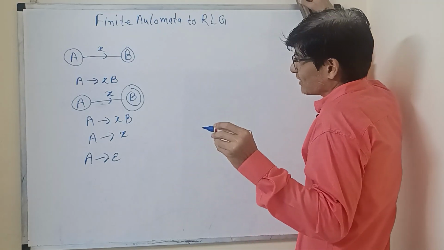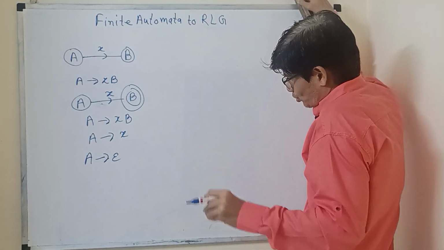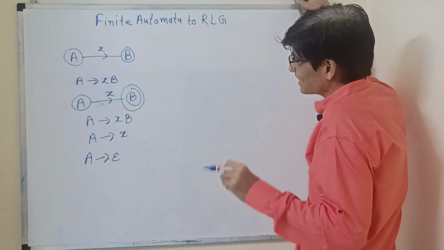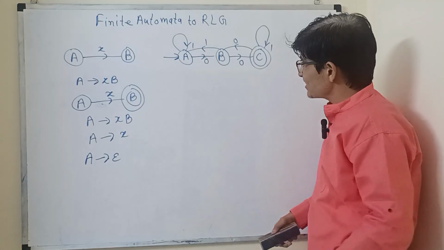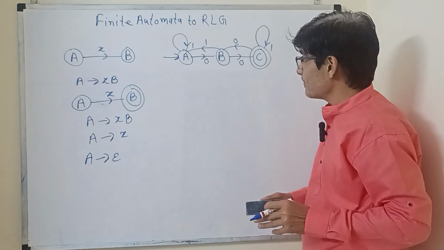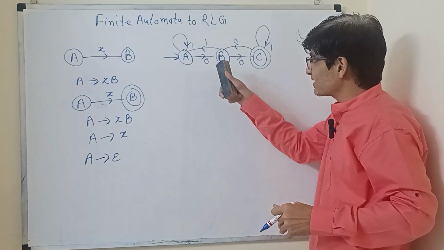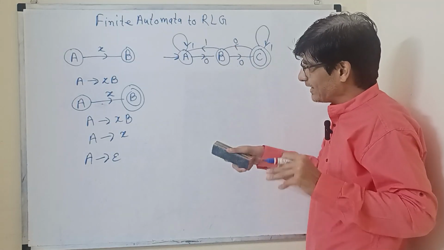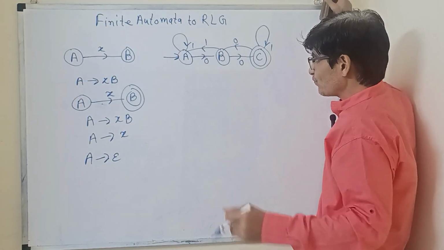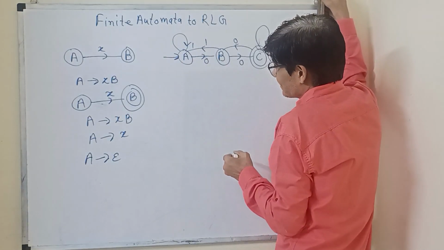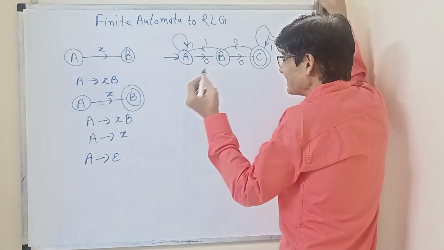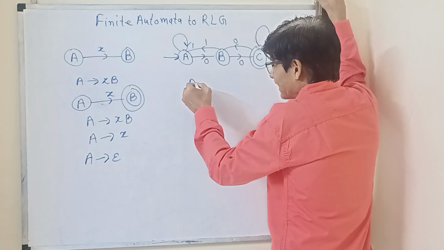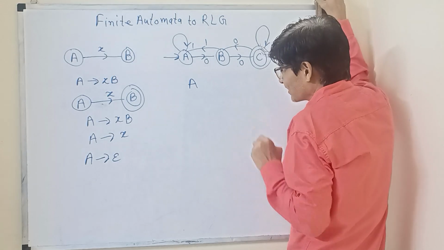So now I will take one example finite automata here, and then we will convert this particular finite automata into RLG. So now friends, we have this particular finite automata as an example. First we will consider the initial state. As the initial state is A here, we will create that variable, and this will be the start symbol of the grammar.